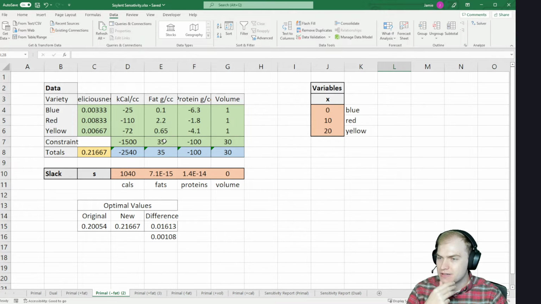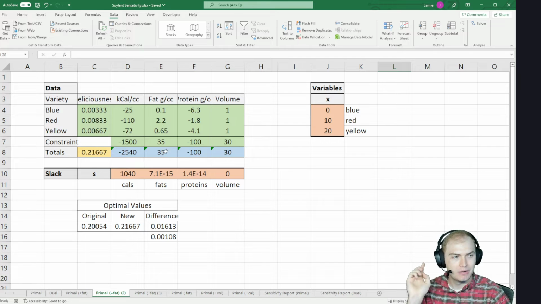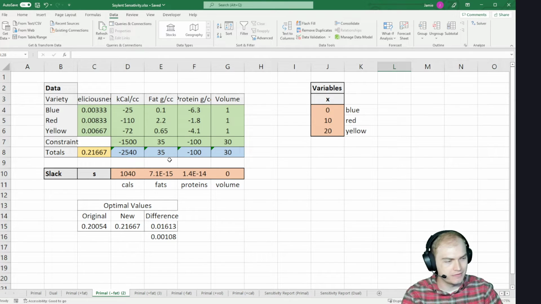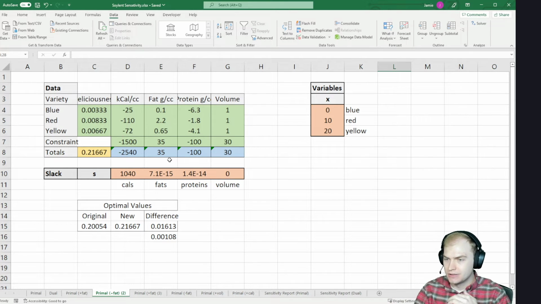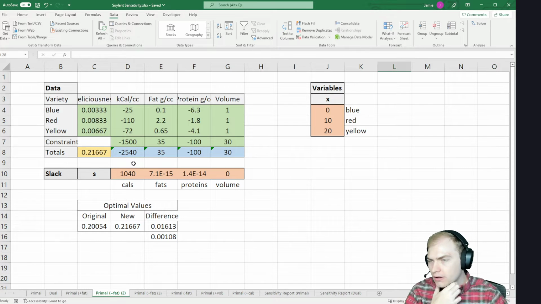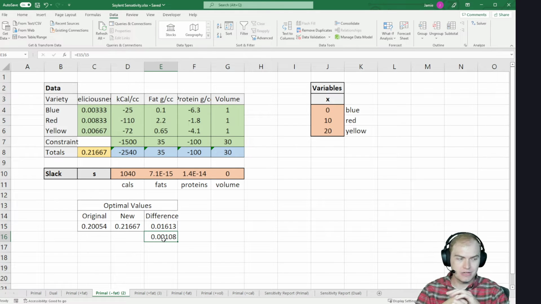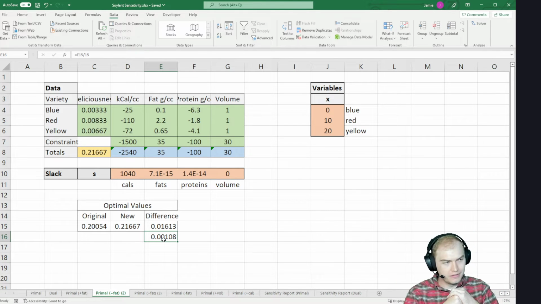And then what I did is I increased the fats by 15 units. So we're up to 35. We can have 35 grams of fat in our mixture. And then I took the difference again, and then I divided it by 15 because that's how much I increased the fats by.